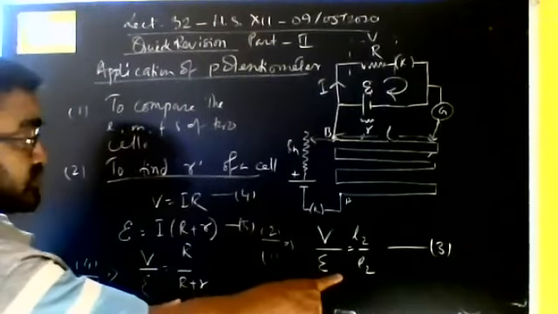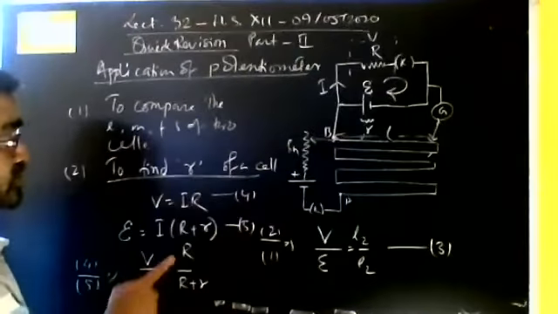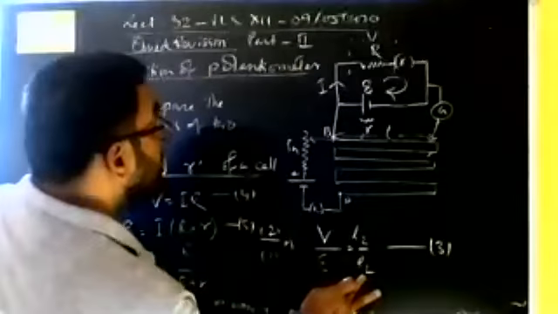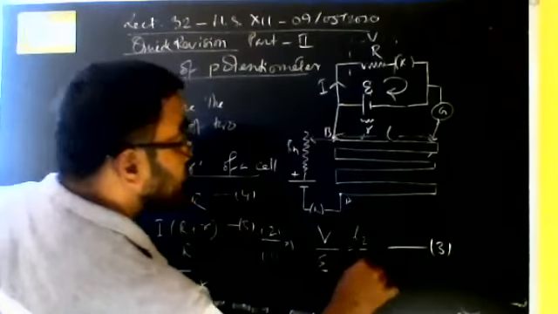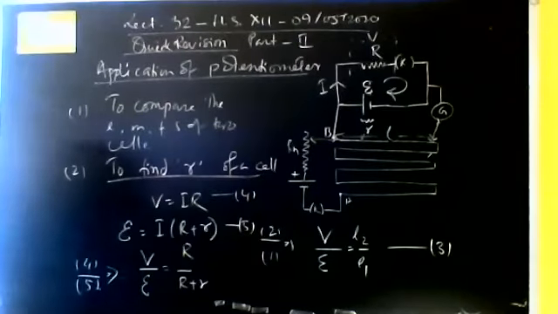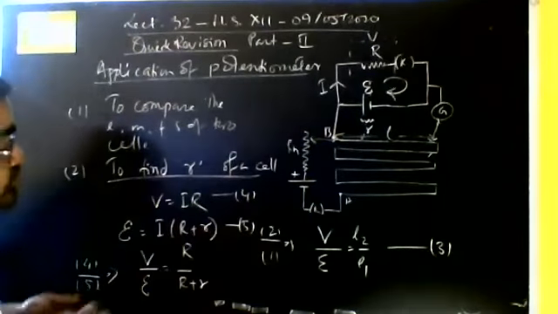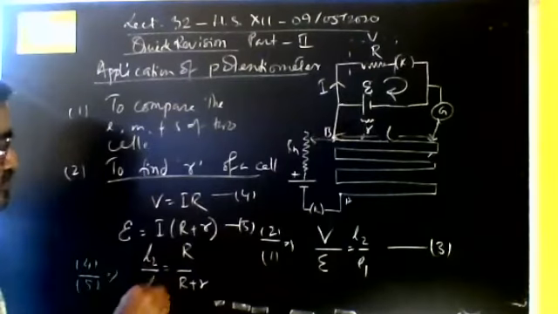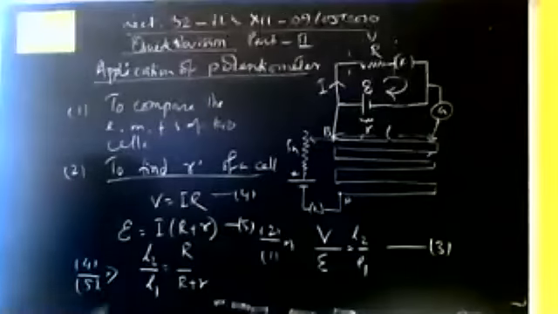This is similar to the earlier one. So V by epsilon is equal to this, and also L2 by L1. In place of V by epsilon, you can put L2 by L1.